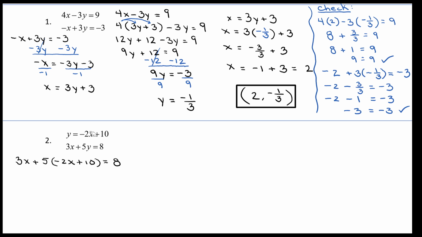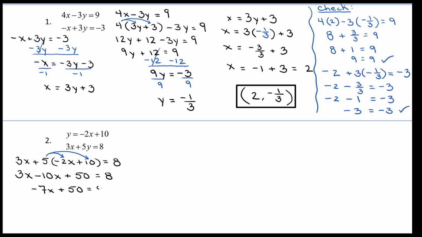Let's go ahead and distribute this 5 to the negative 2x and the 10. So this is going to give me 3x minus 10x plus 50 equals 8. 3x minus 10x is negative 7x, and then we have plus 50 equals 8.